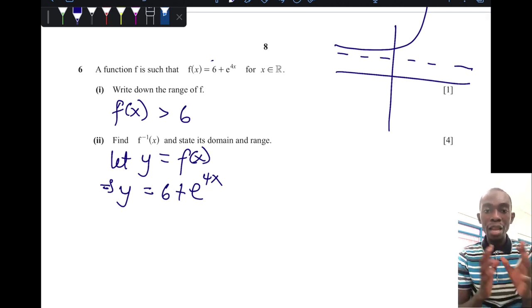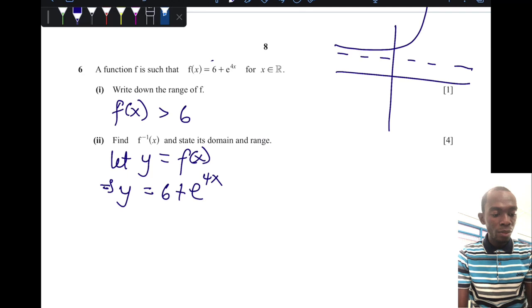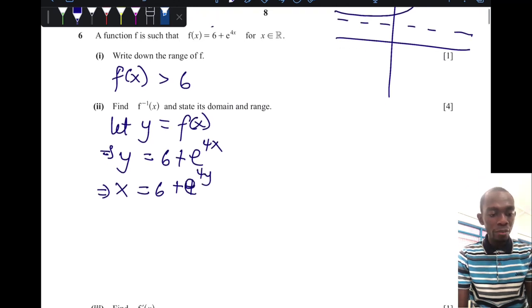I know some people like to just make x the subject, but I like to interchange the positions of x and y. So I have x equals 6 plus e to the power 4y. Then I'll solve and make y the subject. So I'll move the 6 to the other side.